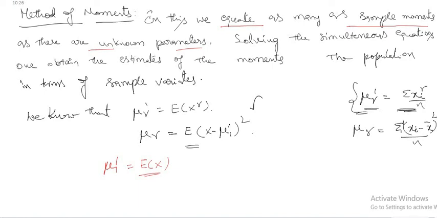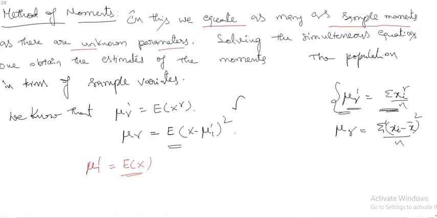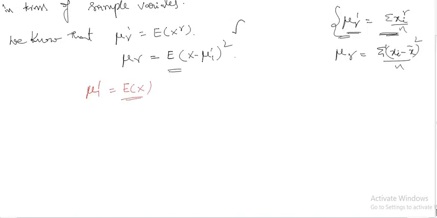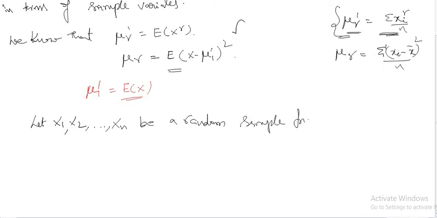Likewise, let x1, x2, and so on, xn be a random sample from a population f of x comma theta 1, theta 2, and so on, theta k.